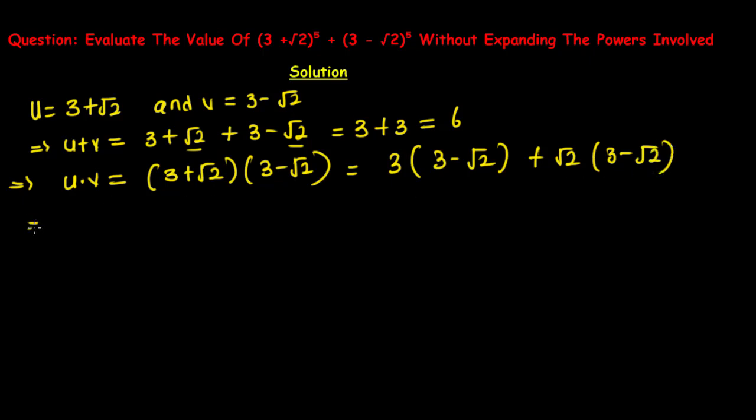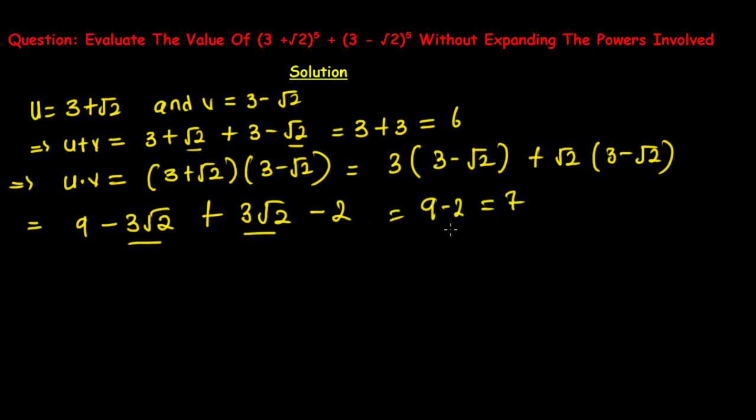Now this should give us 3 times 3 is 9 and 3 times minus root 2 is minus 3 root 2, plus root 2 times 3 will give you 3 root 2 and root 2 times minus root 2 should give you minus 2. So this guy is going to cancel this guy and we just have 9 minus 2, which is equal to 7.